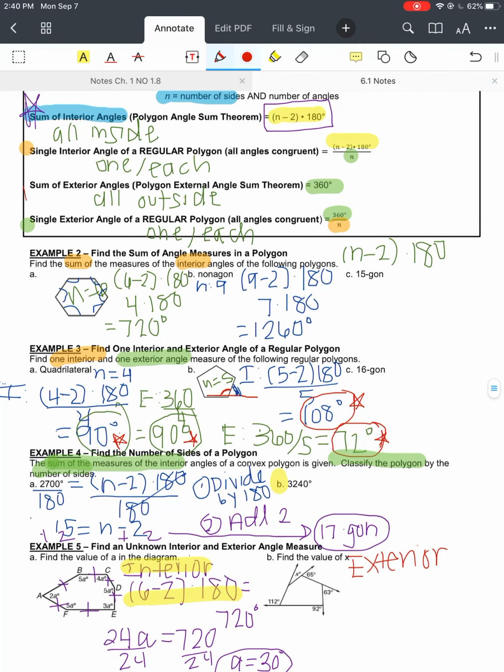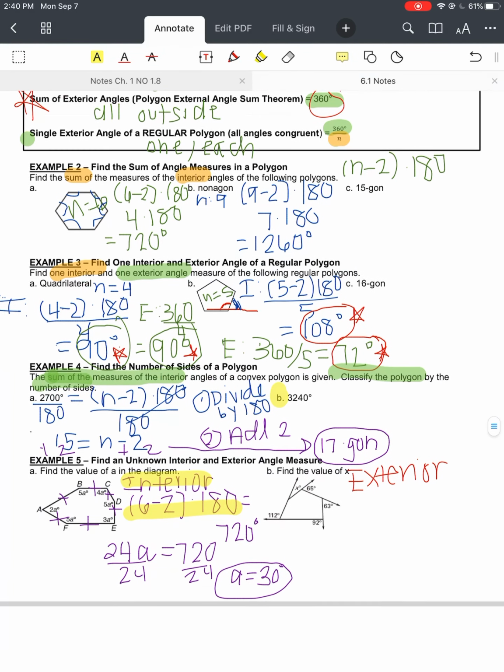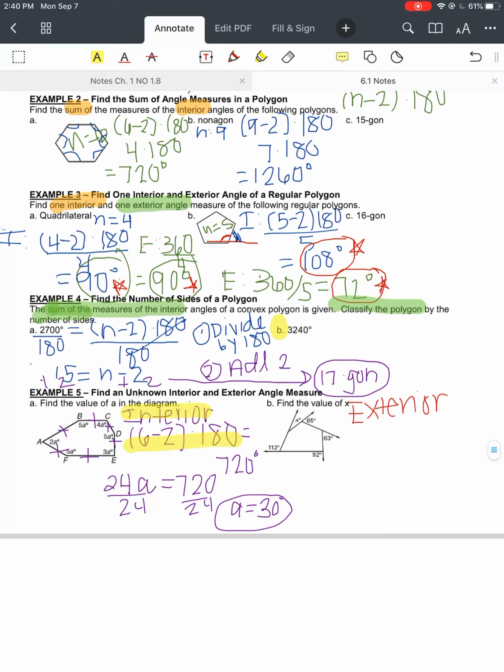Looking above, the sum of exterior angles is always 360. It doesn't matter how many sides there are. So I don't have to go through and do any special equation to figure out what these are all going to add up to. I know that they have to add up to 360. Most people just want to always make them add to 360 because it just seems obvious, but that's not true.